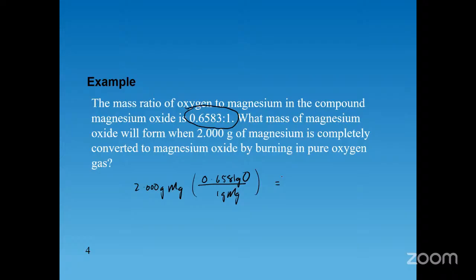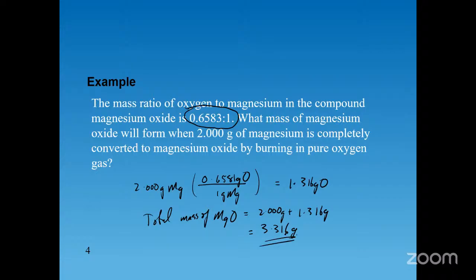So that would be 2.000 times 0.6581, and according to my calculation, this works out to be 1.316 grams of oxygen. So to get the total mass of magnesium oxide, I'm going to add 2.000 grams to the 1.316 grams, and that would be the answer: 3.316 grams of the magnesium oxide compound.